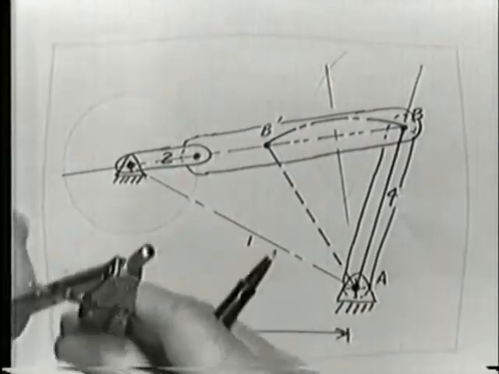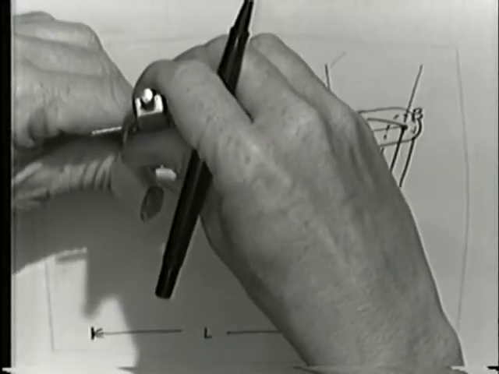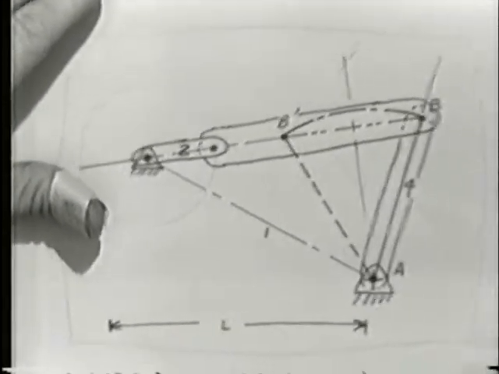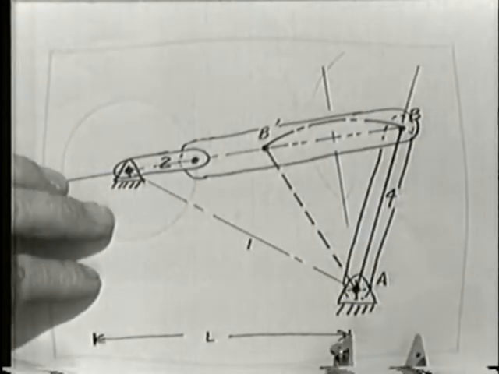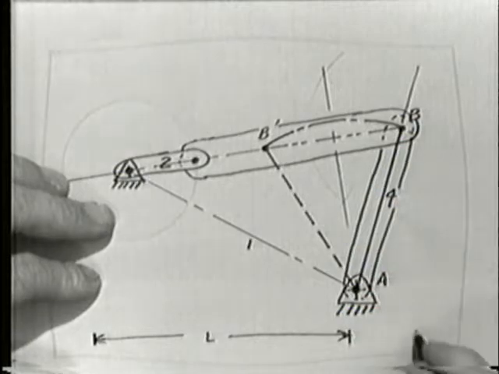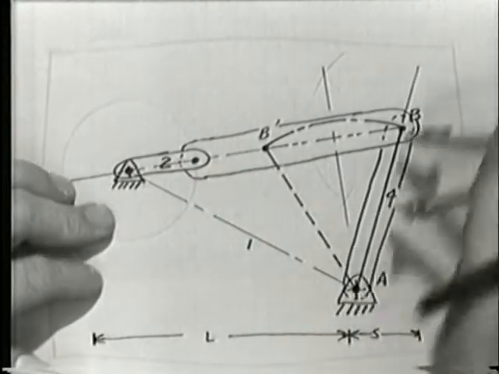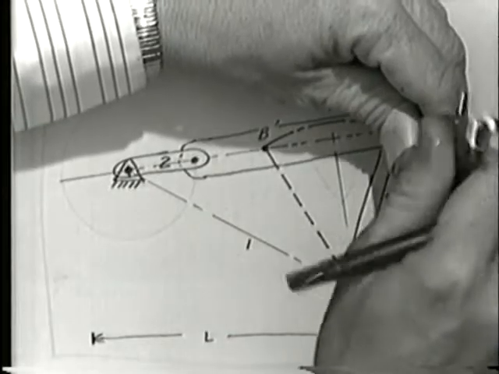And I will now lay out link 2 immediately adjacent to it, because you may or should remember that the Grashof condition says that the sum of the shortest and the longest link must be less than the sum of the other two for it to be a Grashof, and I would like this to be a Grashof. So there's the sum of the S and the L, and we'll compare that now just graphically to the sum of the other two.